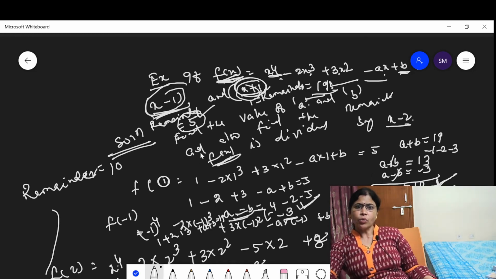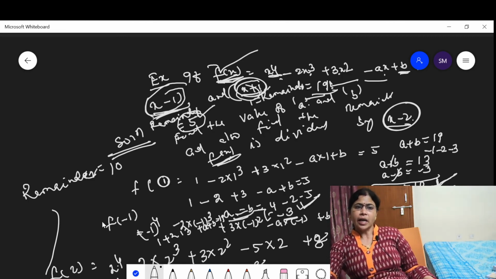Then another thing is asked here, find the remainder when f(x) is divided by x minus 2, and according to the remainder theorem f of 2 is the remainder.